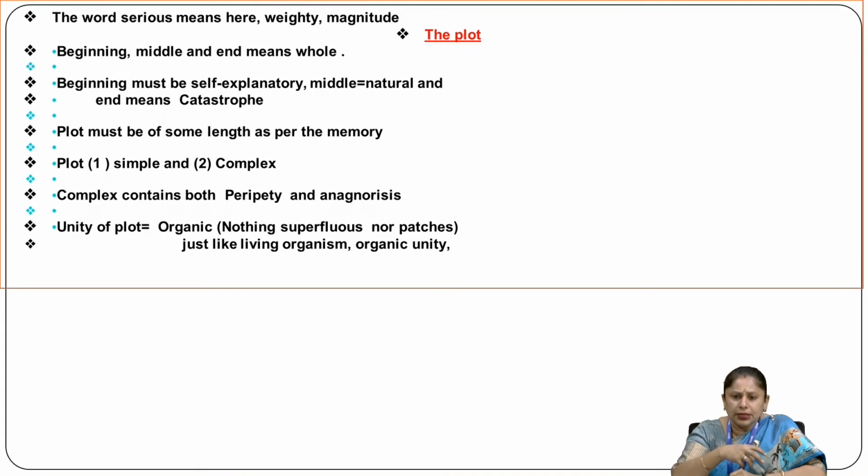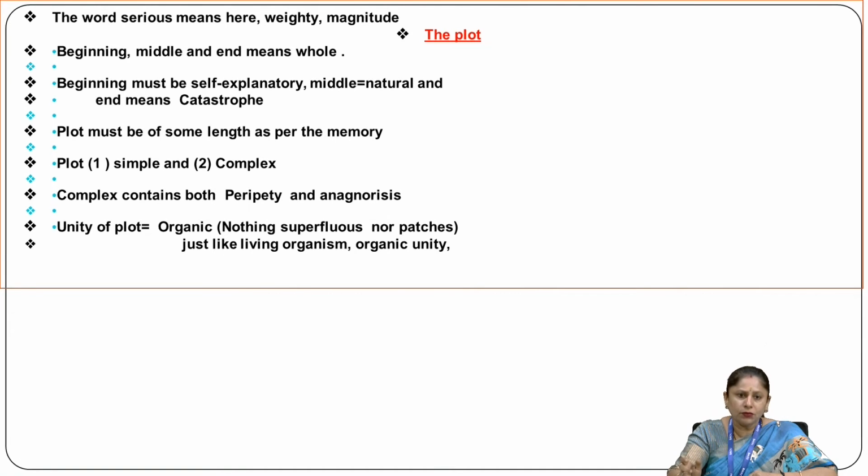As for example, the beginning is about the self-explanation, middle part is a natural common part, and the end should show the catastrophe or present the sudden twist or those sudden things that could happen in the climax that is represented over here. That's what it means. Plot must be of some length as per the memory.